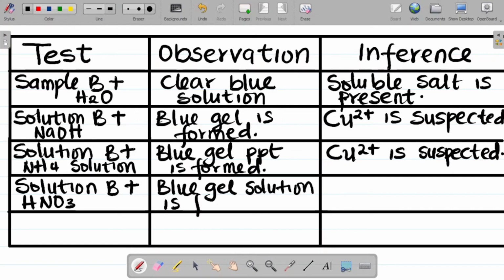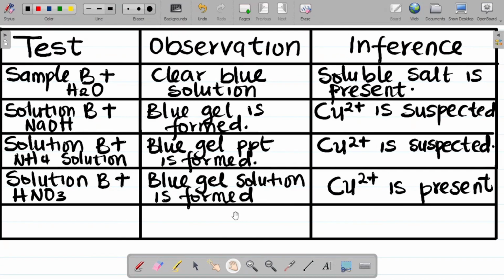When this is formed, what comes to my mind? This is a clear indication that copper ion is present. I was suspecting that it's there, but this blue gel solution that is now formed is a perfect indication that copper ion is present.